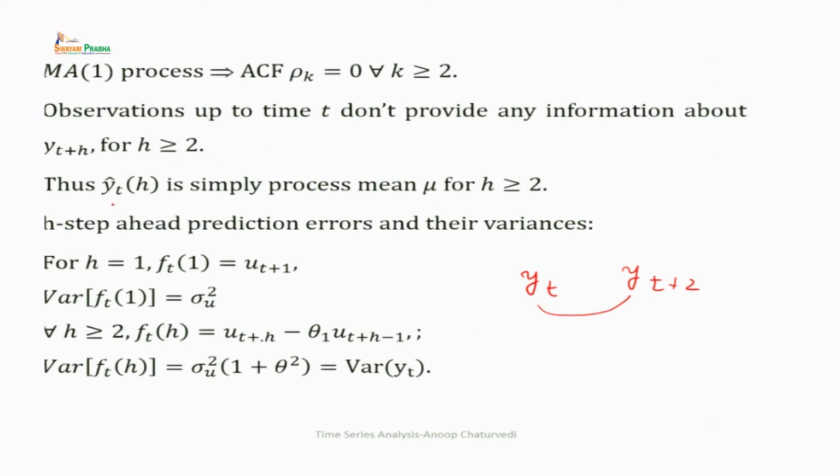That is why y hat t h is simply the process mean mu for h greater than or equal to 2. The past information has no effect on the forecasted value y hat t h.